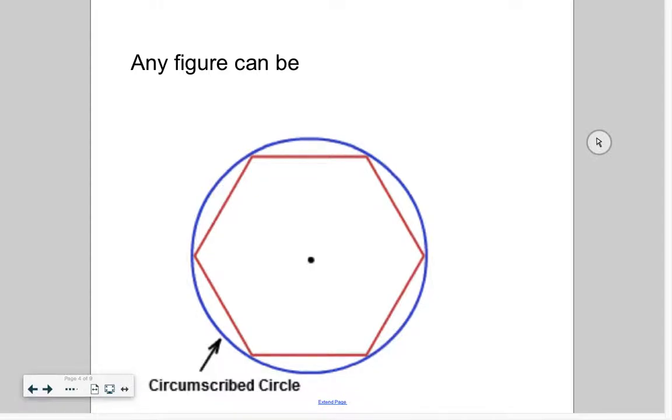Before we can start finding the area of regular polygons, we really need to get a little bit of background here. There's a couple things that we need to have a good understanding of before we can go into actually finding that area. The first thing that you need to understand is that any figure can be inscribed inside of a circle.